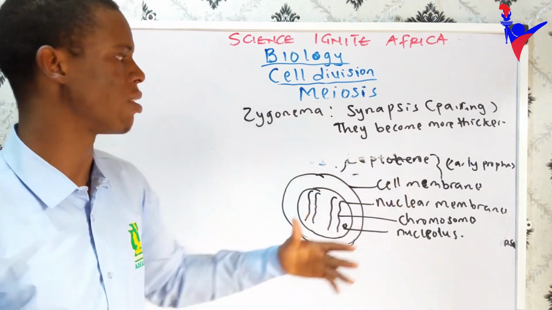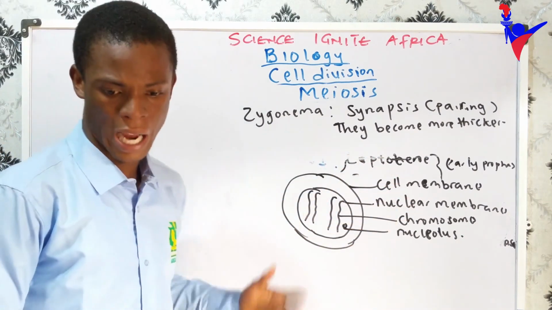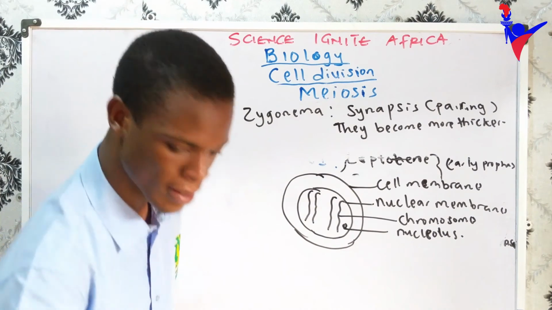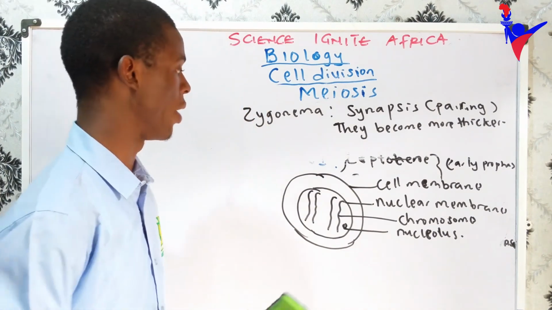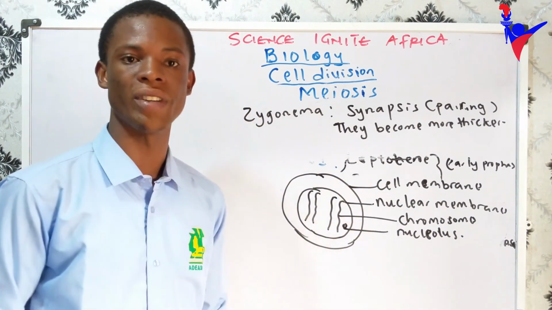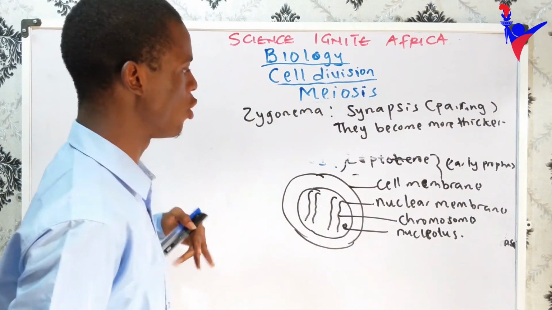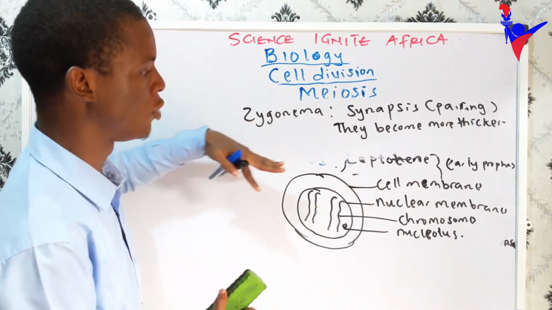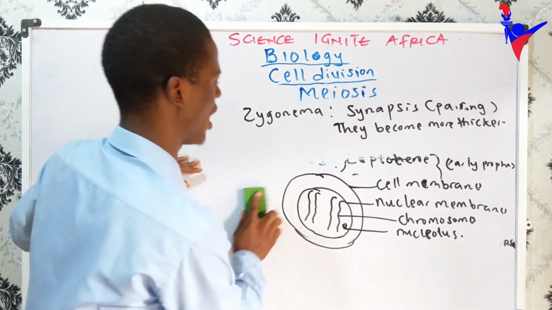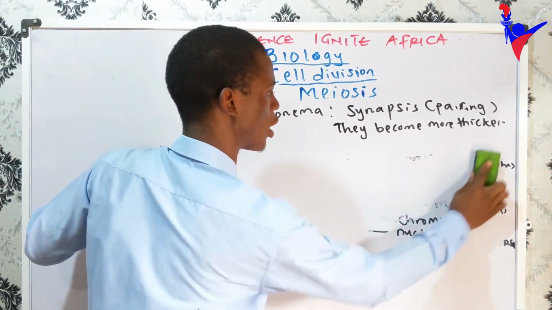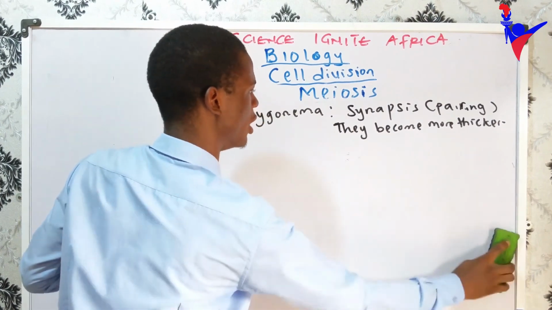I've talked about the leptonema stage. I want to avoid mise en place, which means to put everything in order. So I want you, and I believe you have drawn what's on the board, so that you avoid clumsiness in what we are doing.